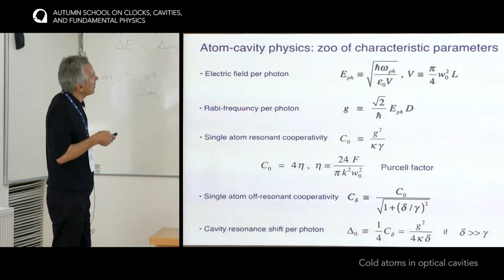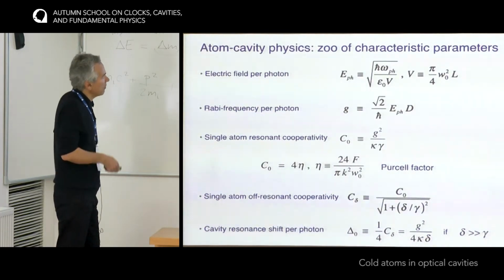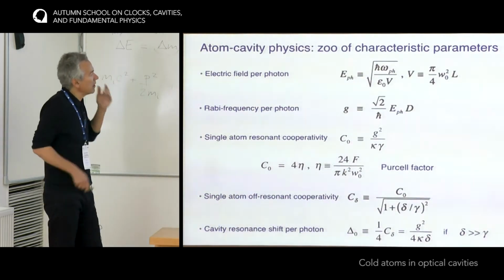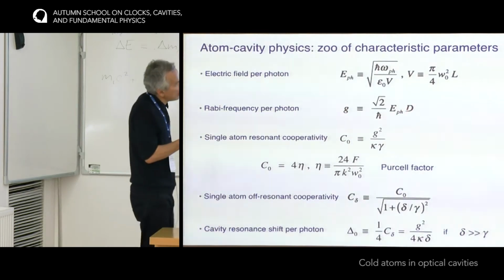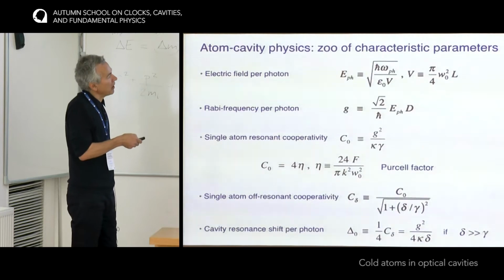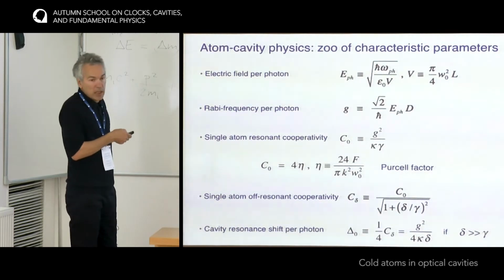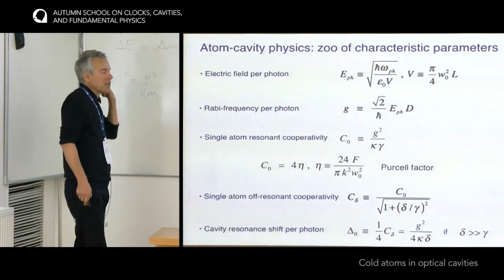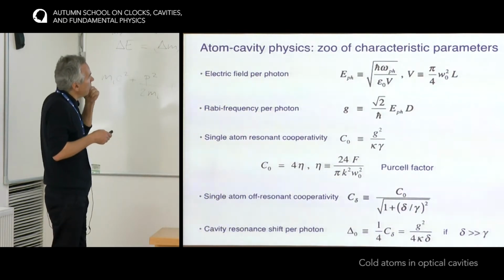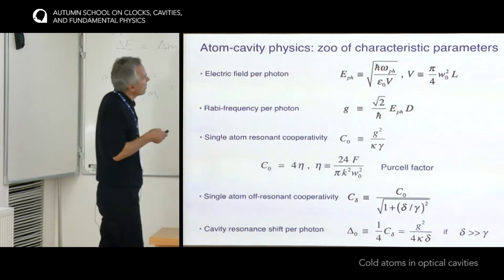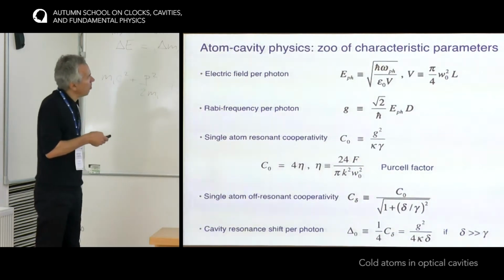And then there's the Rabi frequency per photon. If you have a single photon in your cavity interacting with an atom that has a dipole moment d, what is the Rabi frequency per photon? This is little g, and I think Helmut also calls it little g in his considerations. And if you know the Rabi frequency per photon, you can write down what is called the single atom resonant cooperativity.